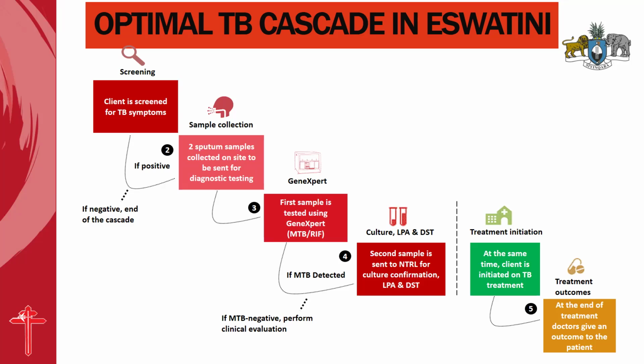But if MTB is not detected, then you have to perform a clinical evaluation to see if this patient, although the GeneXpert is negative, still has persisting TB symptoms. If so, you can send a sample for culture again.